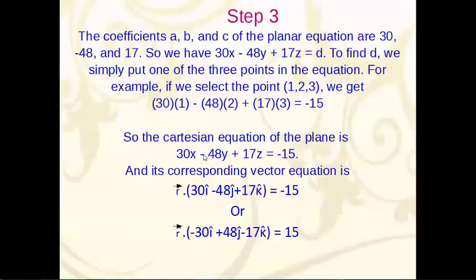So the Cartesian equation of the plane is 30x minus 48y plus 17z equal to minus 15. Now the corresponding vector equation will be r vector dot (30i minus 48j plus 17k) equal to minus 15, or we can say r vector dot (minus 30i plus 48j minus 17k) equal to 15.